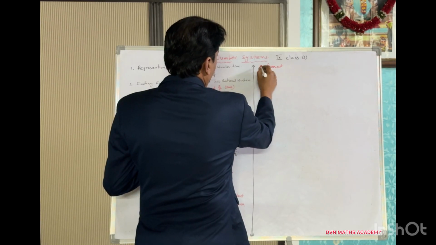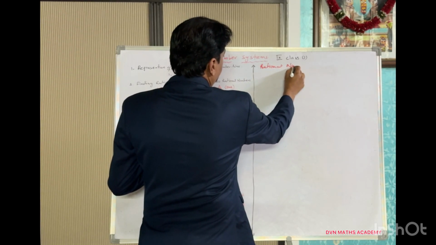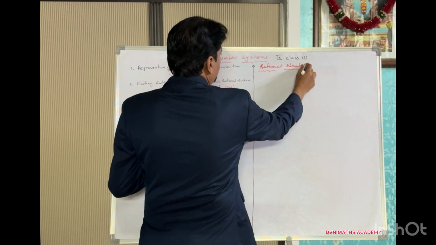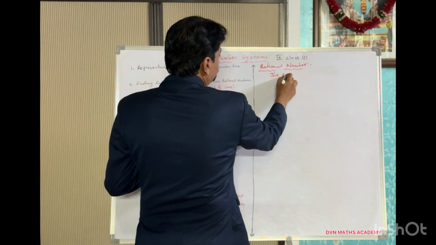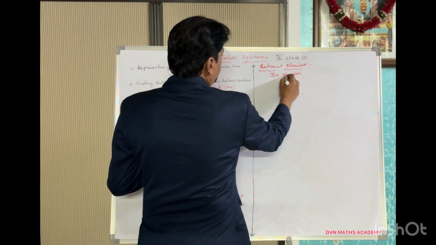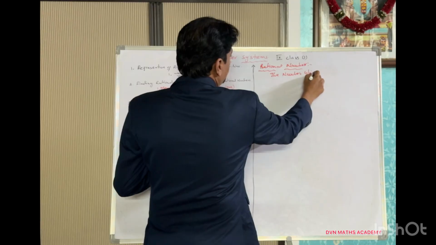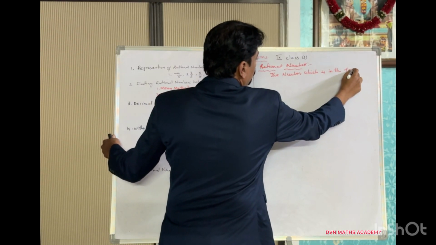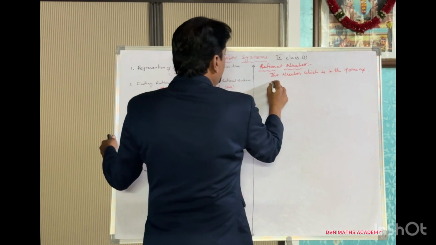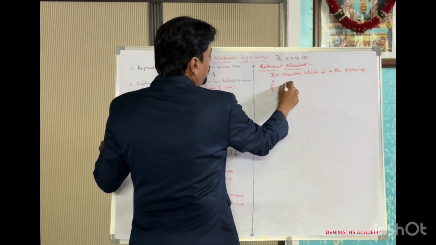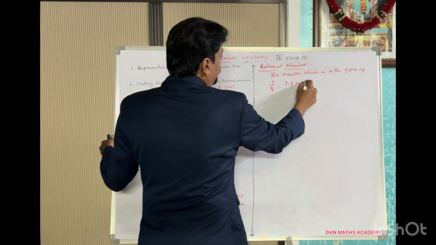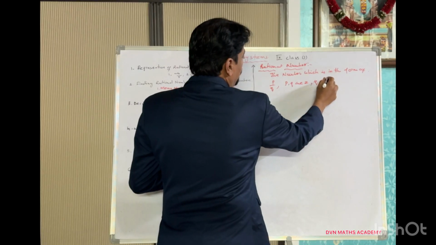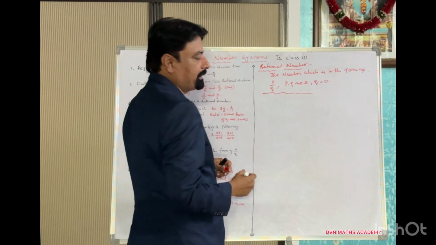The definition of a rational number: the number which is in the form of P by Q, where P, Q are integers, I mean Z, and Q is not equal to 0. So this is the proper definition of a rational number.